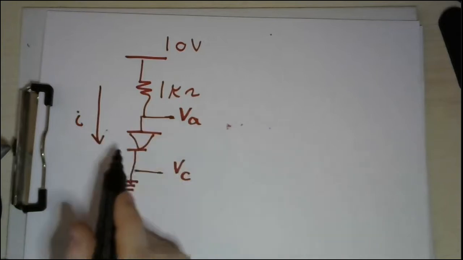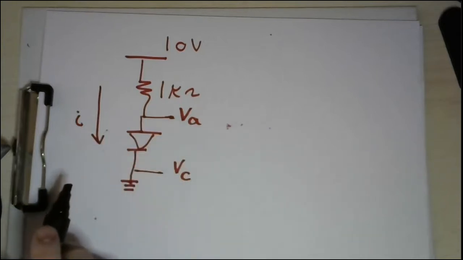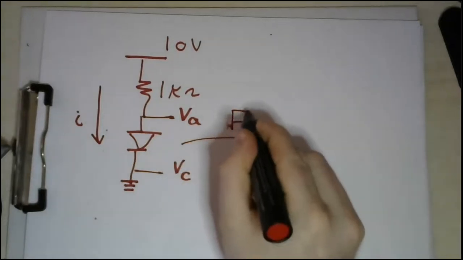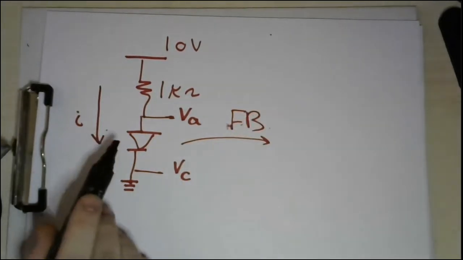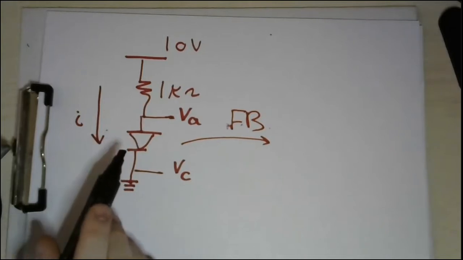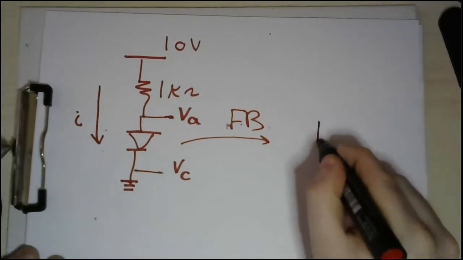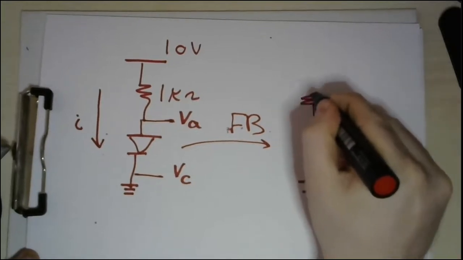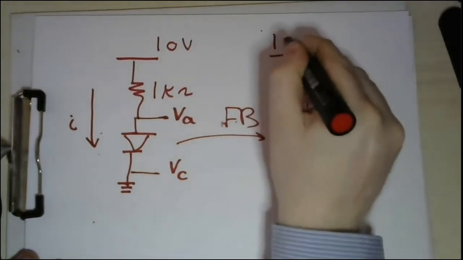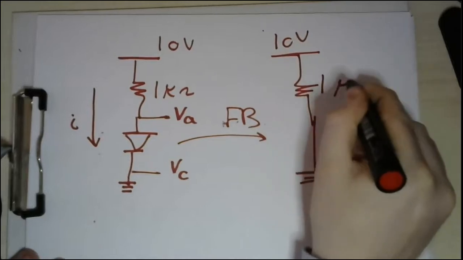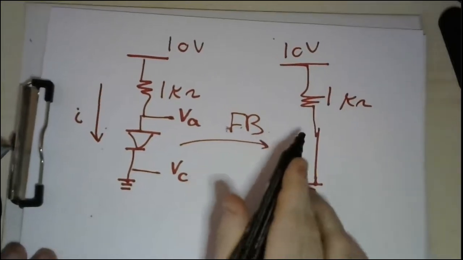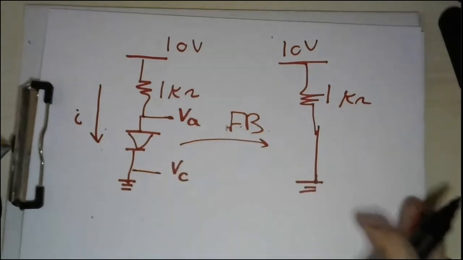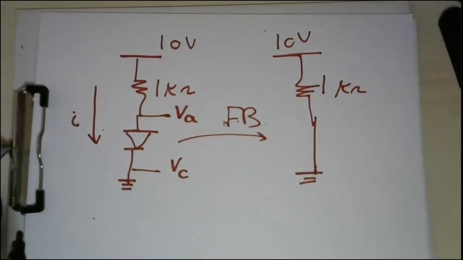Accordingly, your diode is in forward bias. Whenever your diode is in the forward bias condition, you can replace this diode by a short circuit. And then you have this 1 kilo ohm resistance, and this is a short circuit. Now, it's maybe a high school problem.